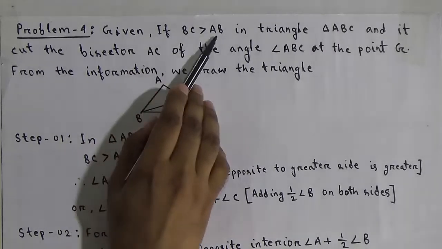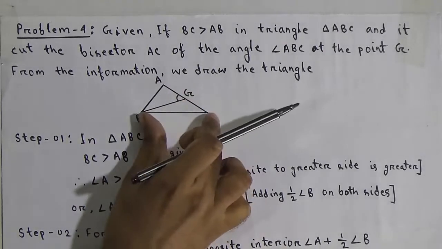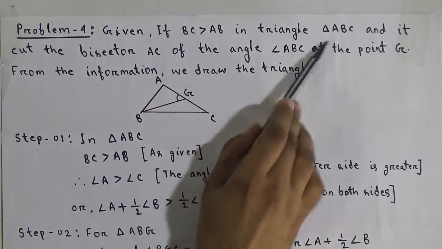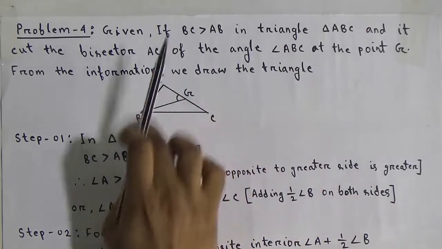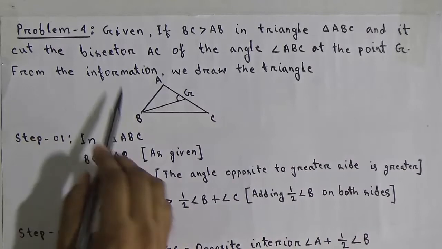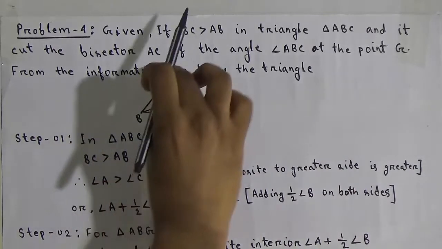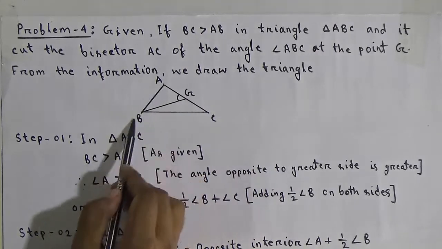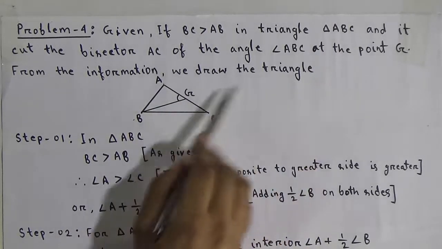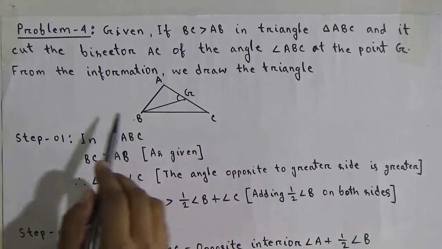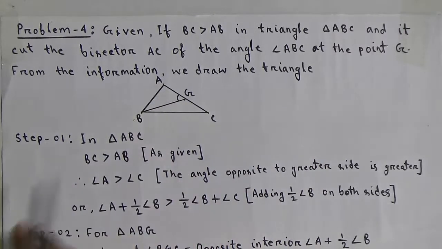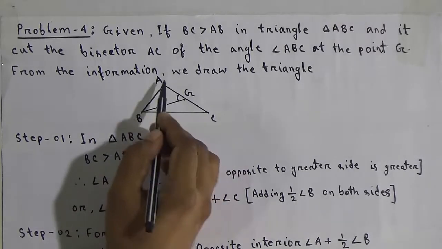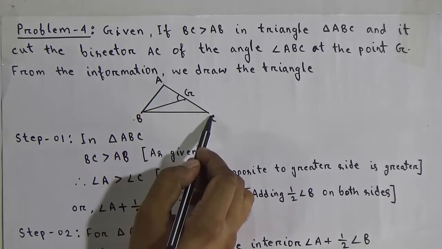Given BC is greater than AB in triangle ABC, and the bisector of the angle ABC cuts AC at the point Z. From the information we draw the triangle. Here BZ is the bisector of the angle ABC.